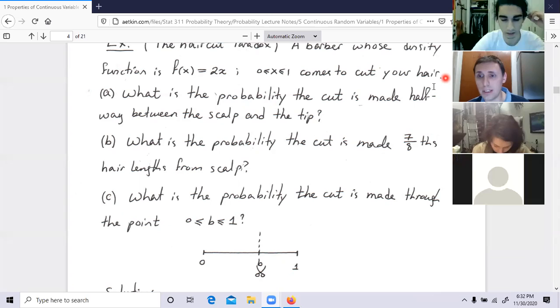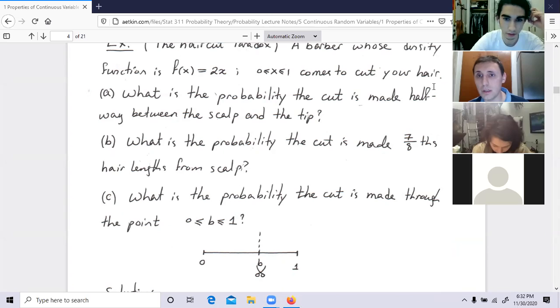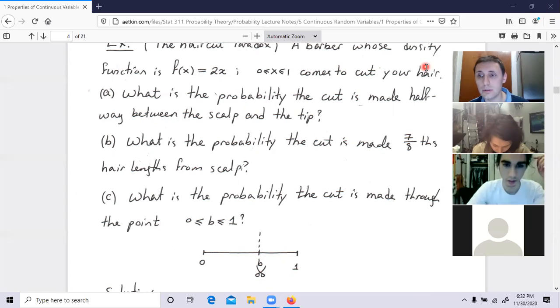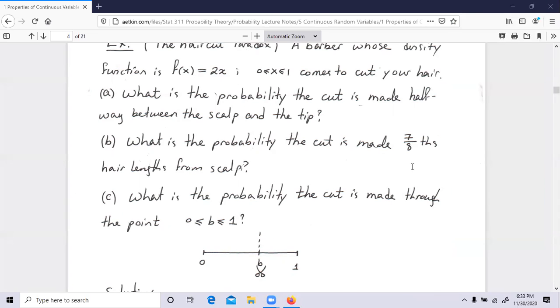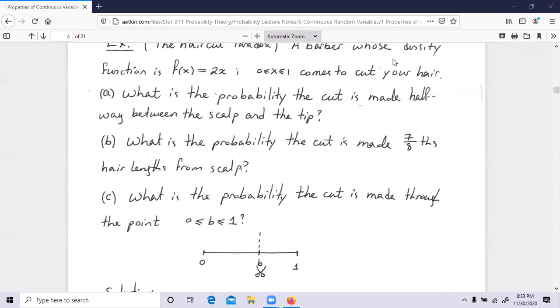So what did I just show? The probability of a hair being cut anywhere is 0, because B means anywhere. Take any point, the probability the hair is cut at that point is 0. I want your explanation. So how could that be? Does it mean you will not have your hair cut?